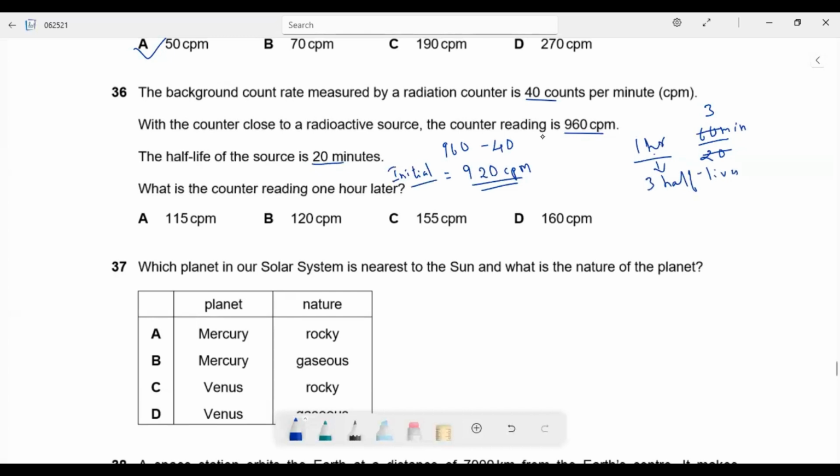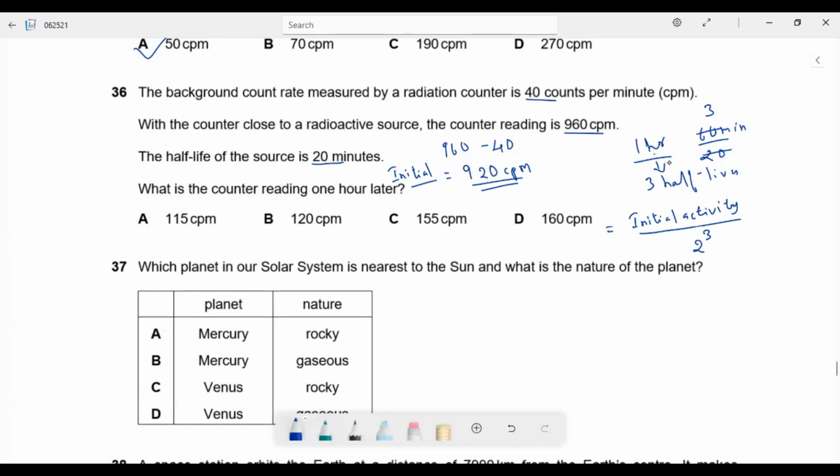So activity after 3 half-lives. So after 1 hour means after 3 half-lives. That can be written as initial activity by 2 raised to 3.